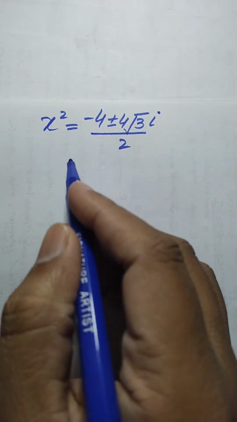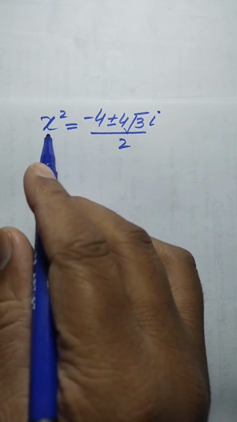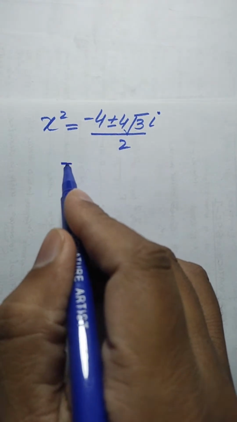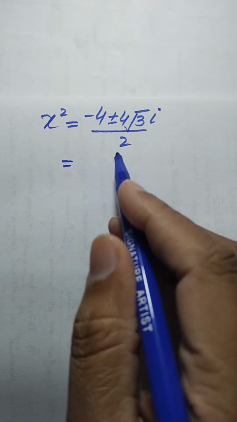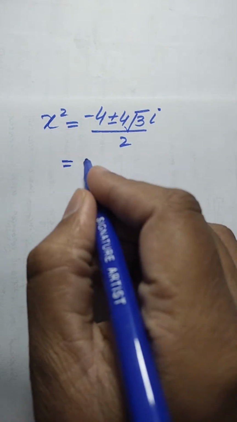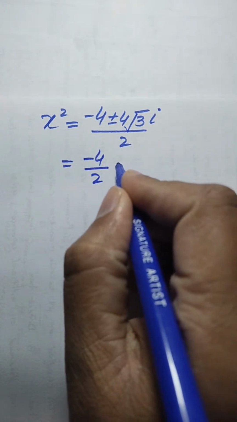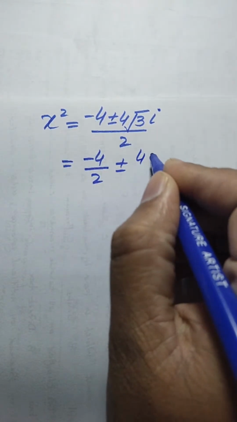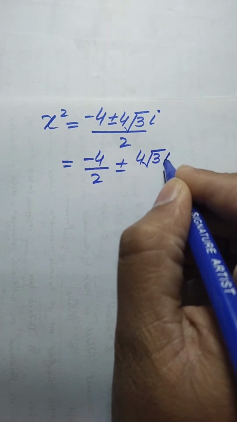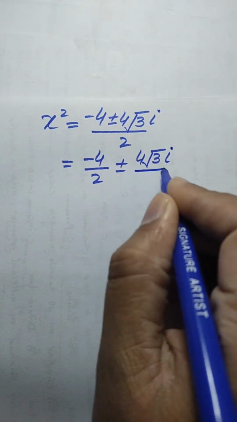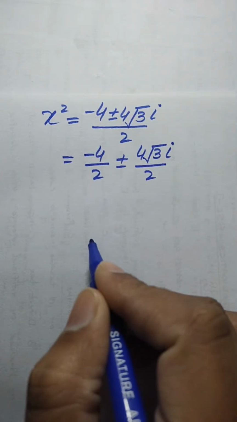So for this, we need to remove this square sign, but first we need a little bit of simplification here. For this we break this fraction, and it will be written as minus 4 divided by 2 plus minus 4 times square root of 3 into iota, divided by 2.